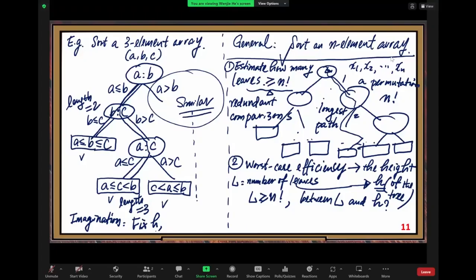Can you answer this question? You have so many different binary trees with the same height. Which one would give you the largest number of leaf nodes? Imagine, can you envision a picture? The binary tree with the maximum number of leaf nodes.